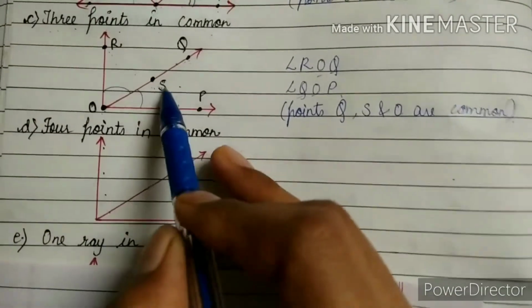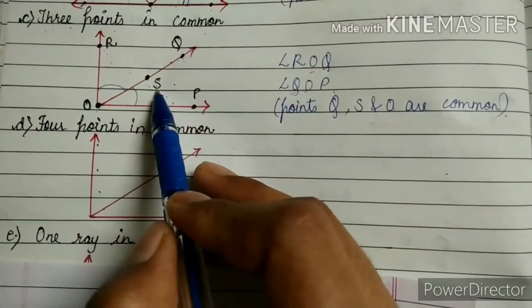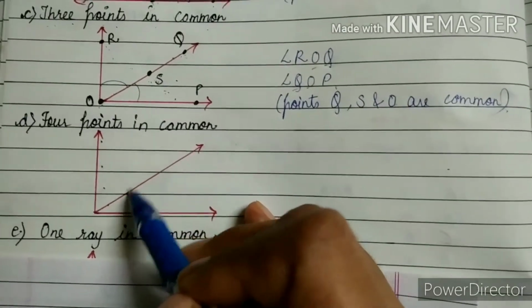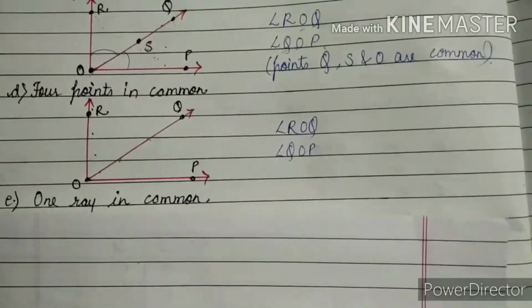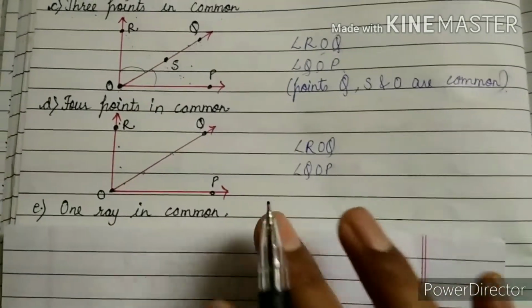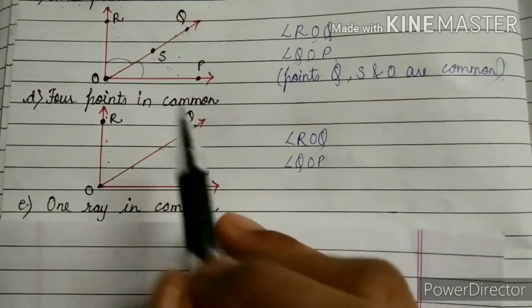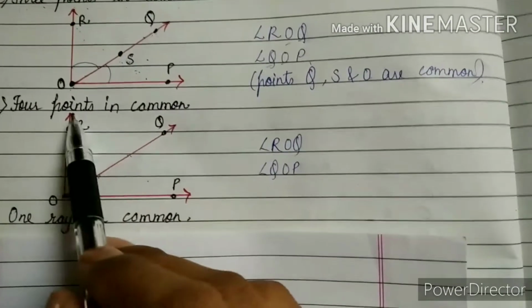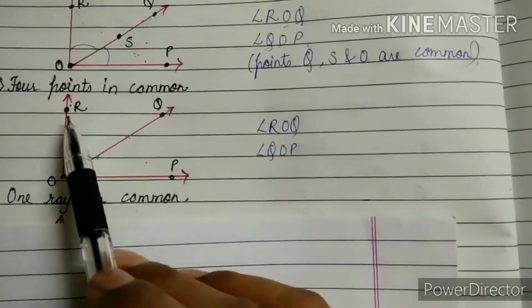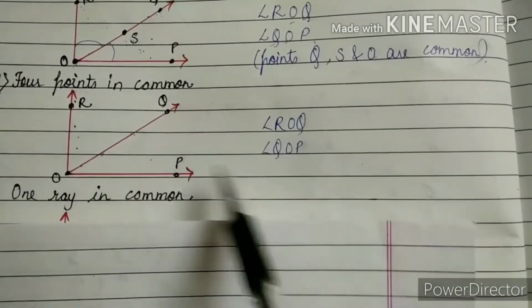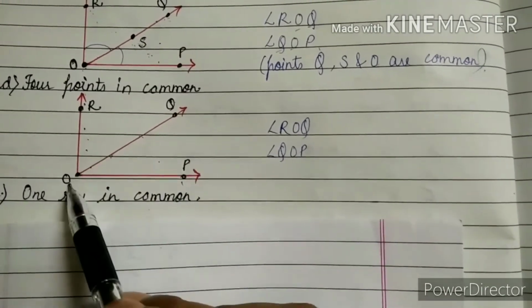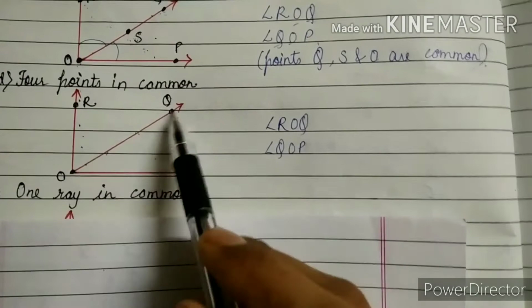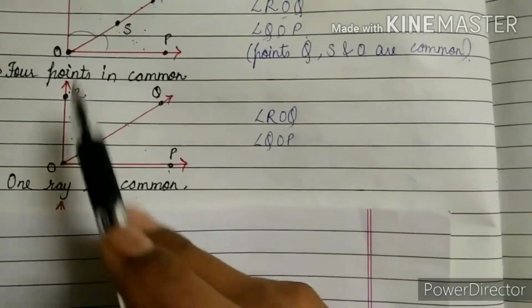This time, as we put point S here, we have to put 2 points as in the previous question. The question said to draw at least 2 angles, so we drew 2 angles, and in this section they show 4 points in common. But after writing the angle names ROQ and QOP, we saw only Q and O are common, because QO is the common ray, but we have to show 4 points.